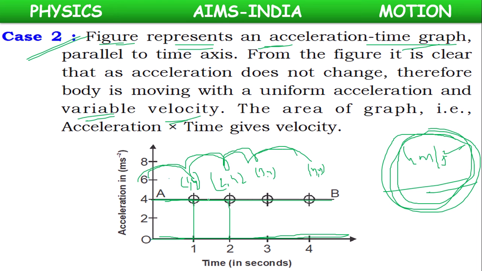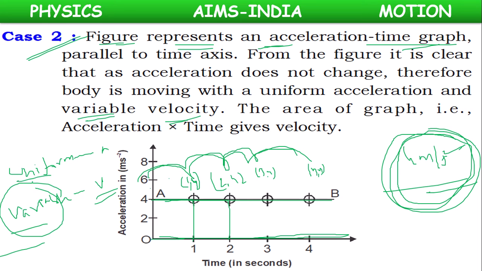It means the velocity is changing, but the change is constant. That's why acceleration is constant. So we can say it is traveling with uniform acceleration and variable velocity, but the change of velocity is constant. As the acceleration is not changing, the body is moving with uniform acceleration and variable velocity.